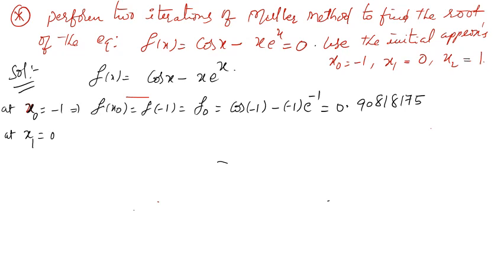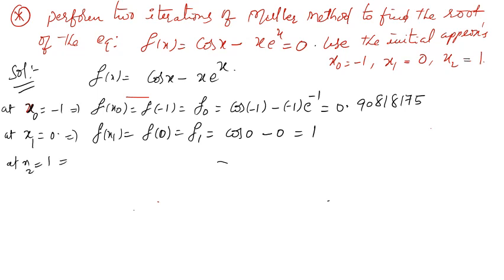Next, at x1 equal to 0, f of x1, that is notation f1, is nothing but f of 0, equal to cos 0 minus 0. This is 1. At x2 equal to 1, this is f of x2 value, nothing but f of 1.